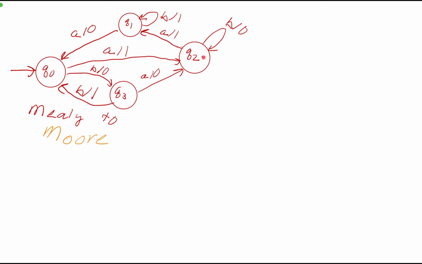And this state cannot produce 2 different outputs. So what we really need to do is copy this state down 2 times, one that produces an output of 1 and another that produces an output of 0. And we'll go ahead and copy the start state as well.